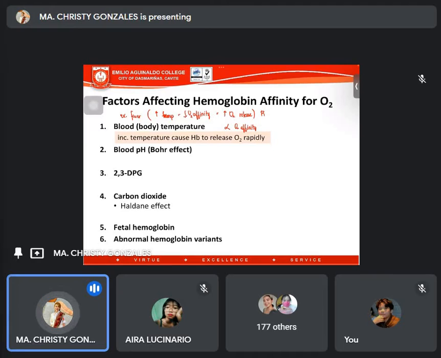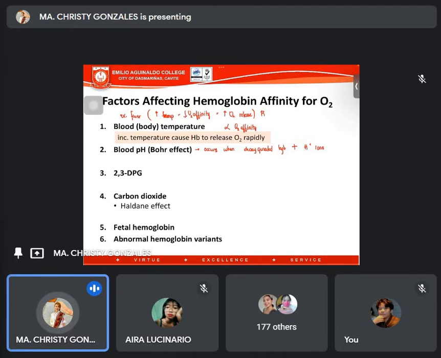Next. Blood pH. Okay. Ang Bohr effect po ay nangyayari kapag maraming hydrogen ions. Okay? The Bohr effect occurs when the oxygenated hemoglobin binds with hydrogen ions. Okay, question.